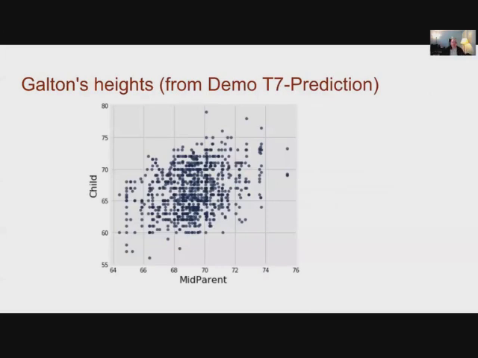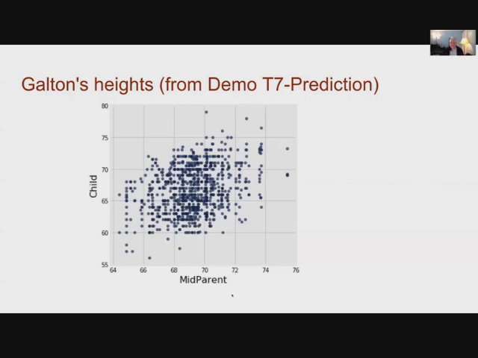And just as a review, what we were doing here is we collected a lot of data about parents and their children, their offspring. And the question we looked at was, can we use the parents' heights to predict the future height of the child, presumably when the child becomes an adult?